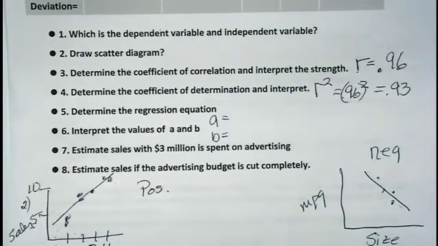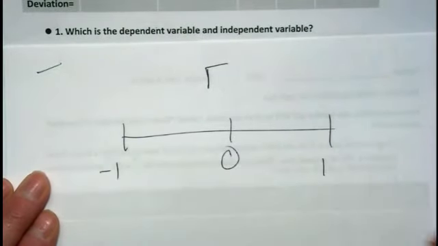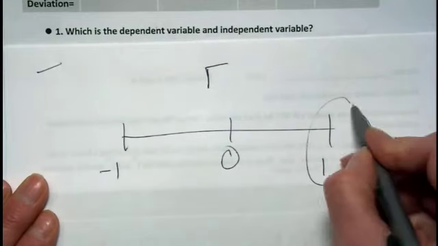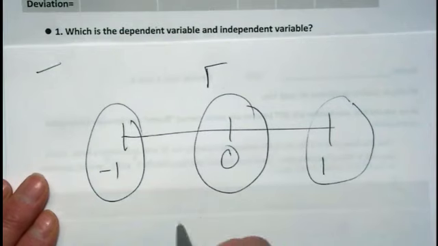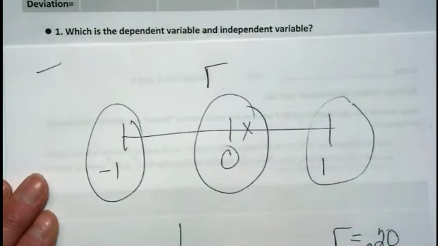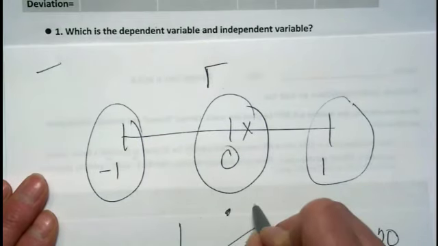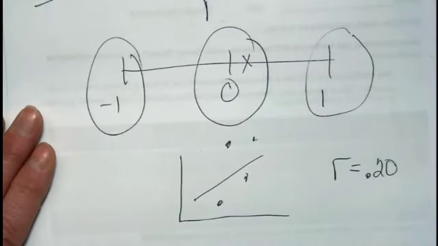I'm going to show you an example. If this is R, -1 and 1. So we said it's strong and positive, strong and weak. If it's near 0, for example, we'll say an R of 0.20 right here. It's a positive relationship, but the data points aren't too close to 1, and it's not strong.